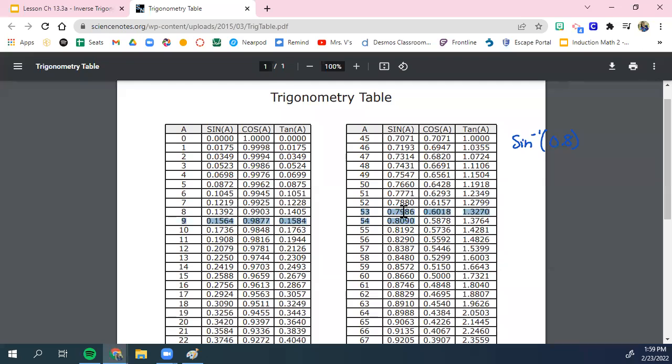This one is 0.798 and so on. If we were to round it up, it would be 0.8, and at 54 degrees it is 0.8090. So our angle has to be between 53 and 54 degrees.